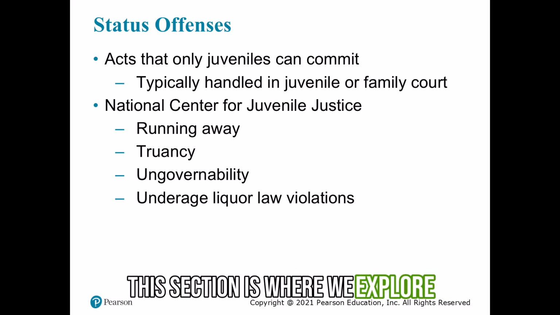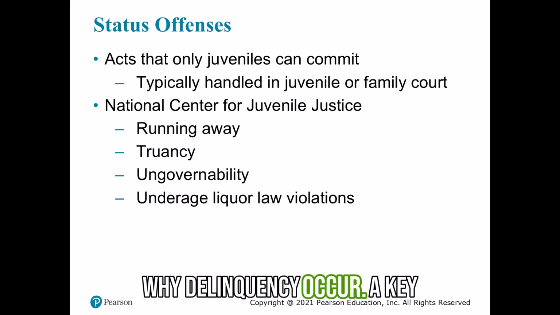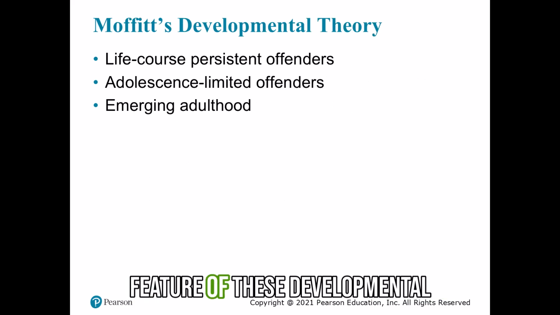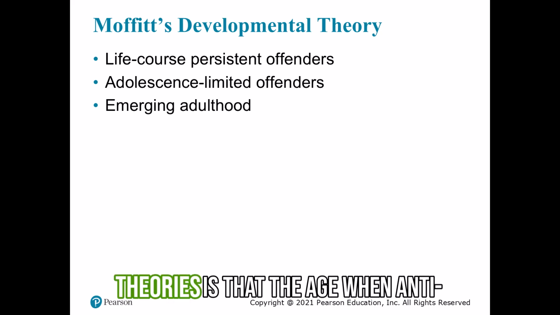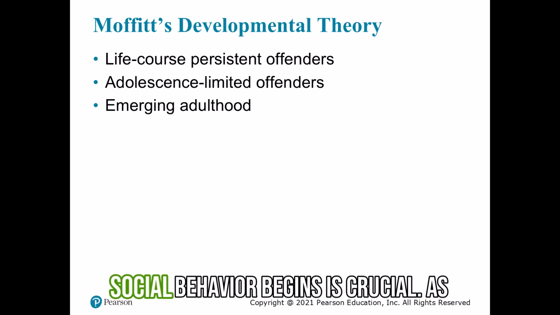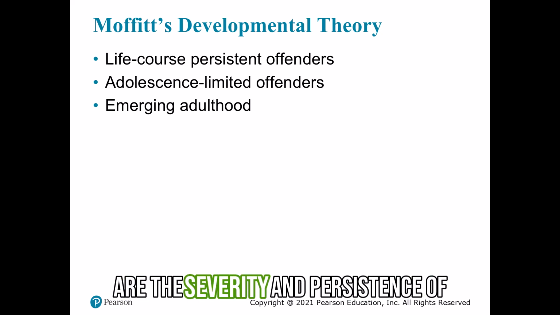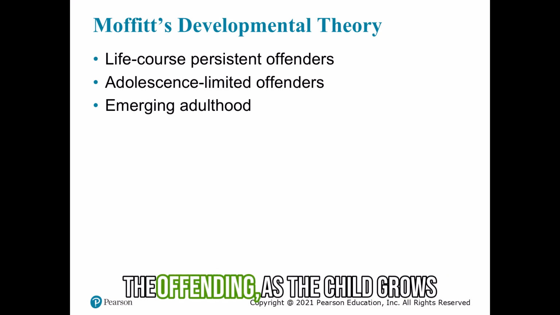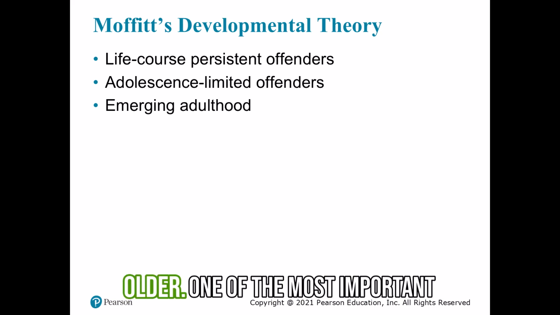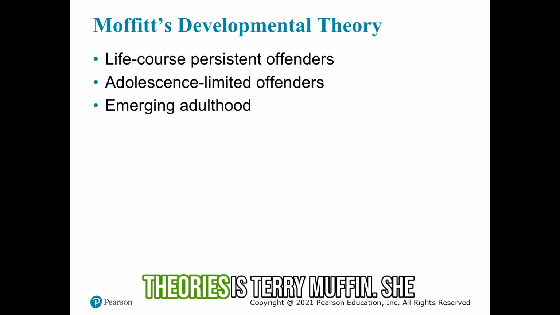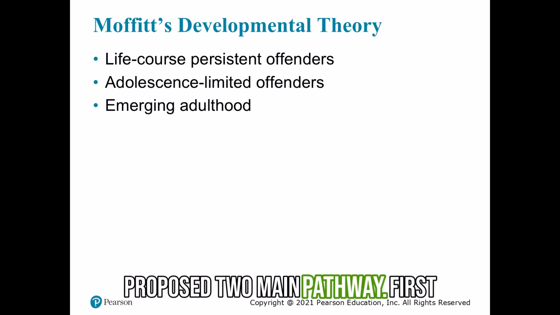This section is where we explore why delinquency occurs. A key feature of these developmental theories is that the age when antisocial behavior begins is crucial, as are the severity and persistence of the offending as the child grows older. One of the most important theories is Terrie Moffitt's. She proposed 2 main pathways.